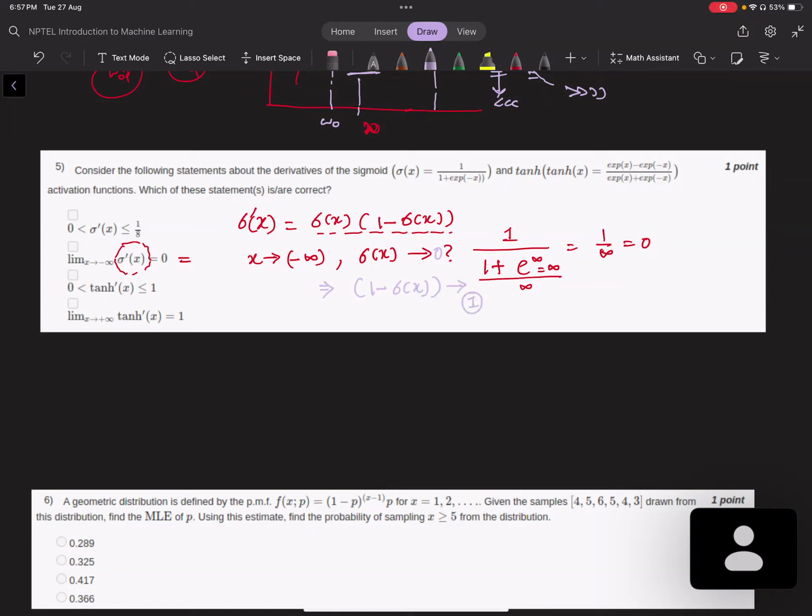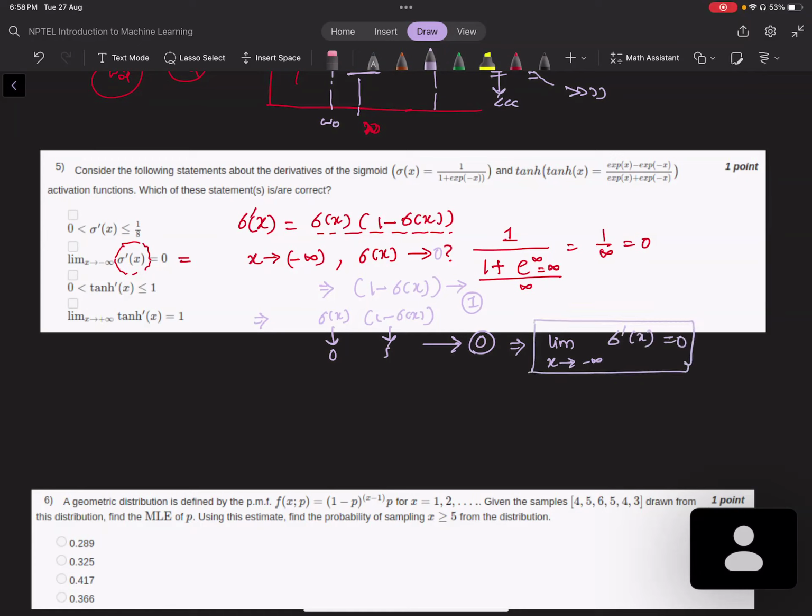That implies sigma of x times 1 minus sigma of x: this will tend to 0, this will tend to 1. So together they will tend to 0. That implies the limit as x tends to minus infinity of sigma dash of x will be equal to 0.